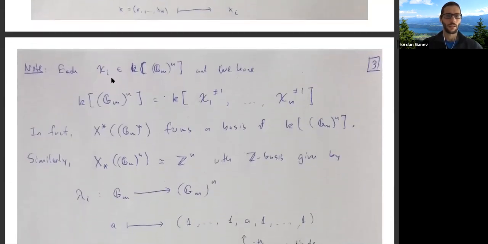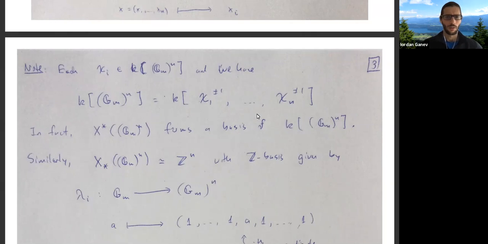We had this fact that the characters span and form a basis of the affine algebra. So any monomial in these chi's is another character, and the monomials span this Laurent polynomial algebra.